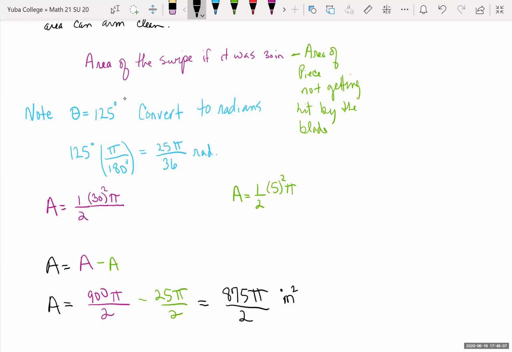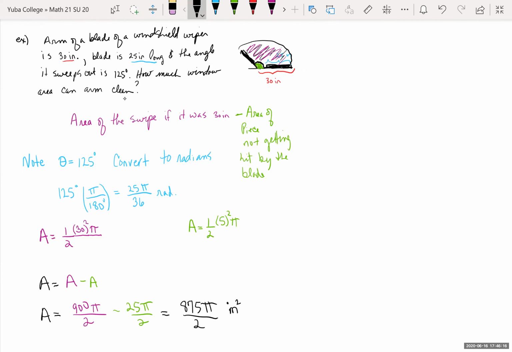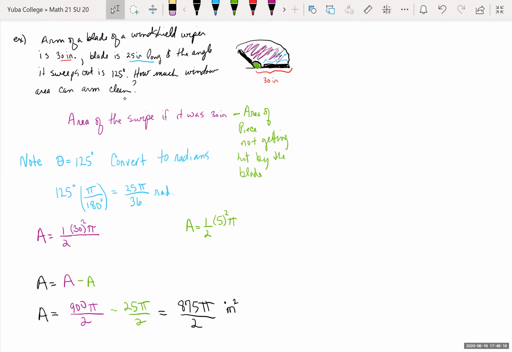Professor, I have a question. Yes. So from the first one, where did you get 30 squared, and then so you had to do 2 different areas. Mm-hmm. So the area of just like a pie shape altogether, the area is equal to pi r squared.